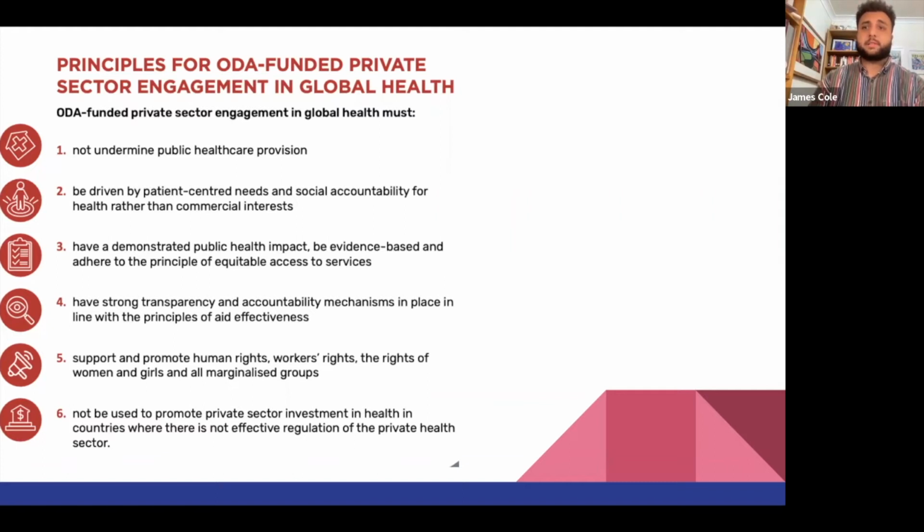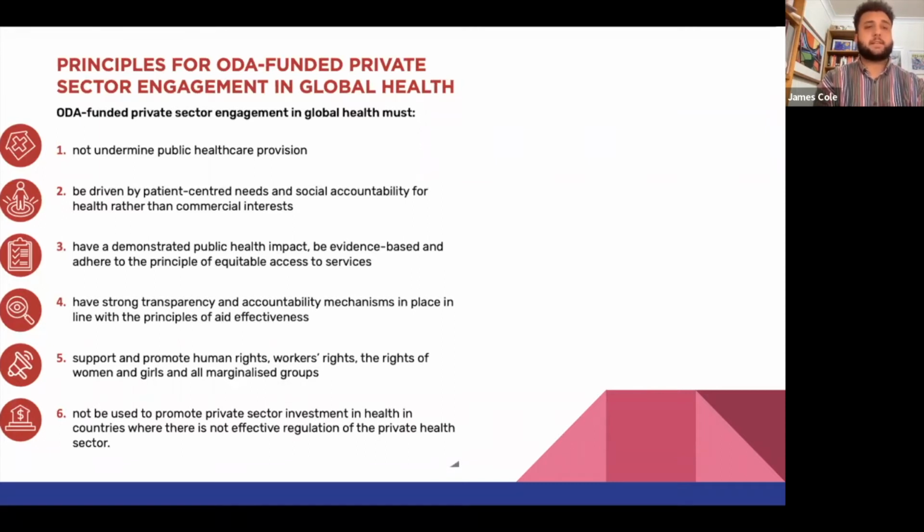And as colleagues will be discussing in this webinar today, there's a growing body of evidence that suggests that the increased engagement of the private sector in global health, without clear guiding principles and binding regulations focused on increasing access and quality of services for the poorest, can lead to actions that do more harm than good. So this could be undermining the public health systems and also negatively impacting the most marginalized and most vulnerable populations.